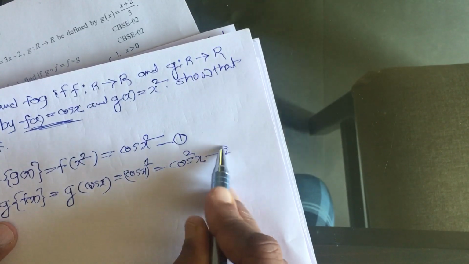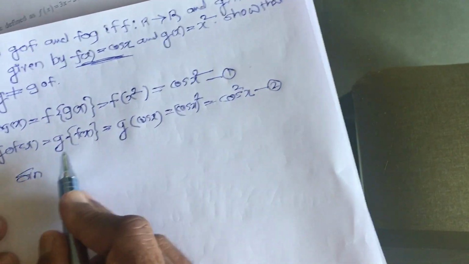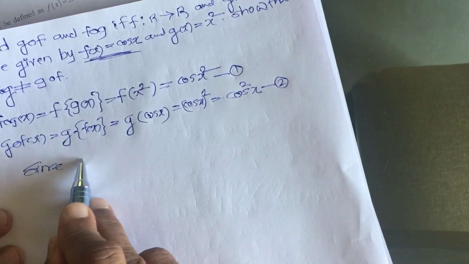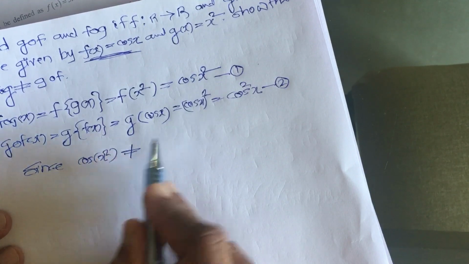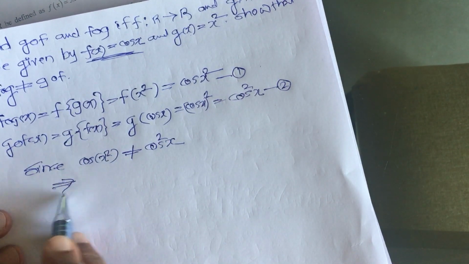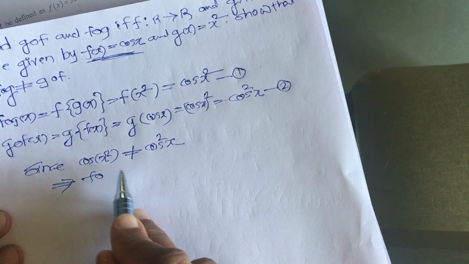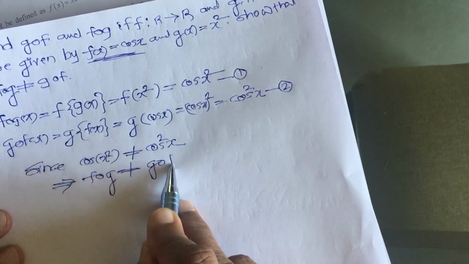This is your 2, and we know that since cos of x square is not equal to cos square x, this implies f composite g is not equal to g composite f.